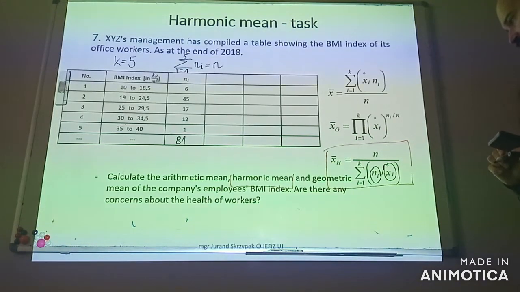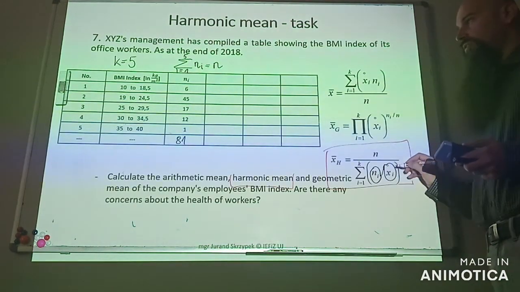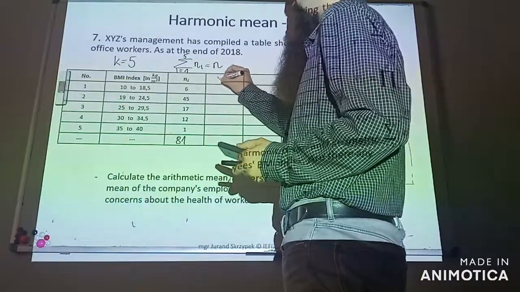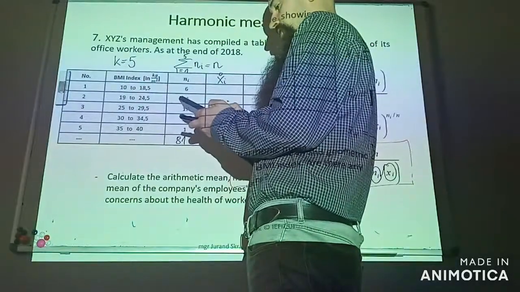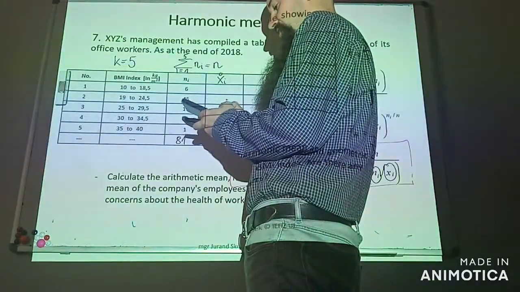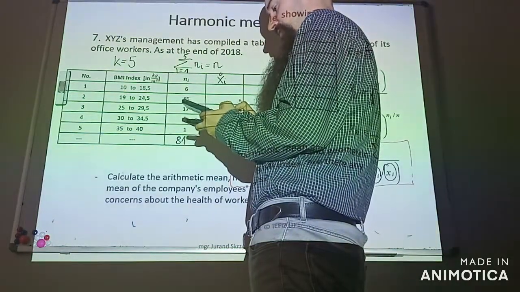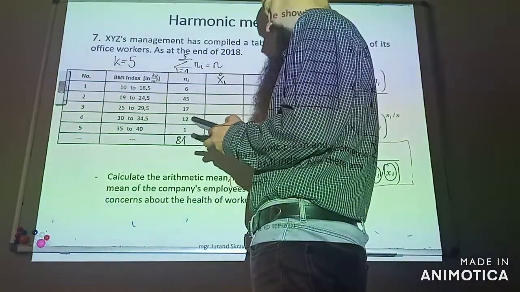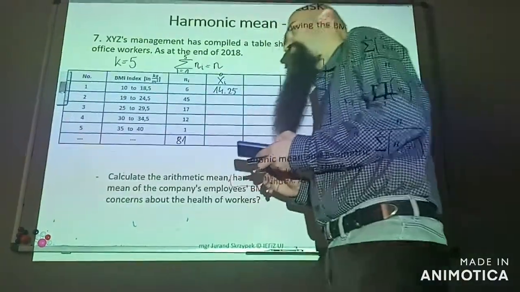Second step. In the second step, we should compute the middle of the classes, the middle of the intervals, xi with a circle. So here 10 plus 18 and a half, 28.5 divided by 2, 14.25.